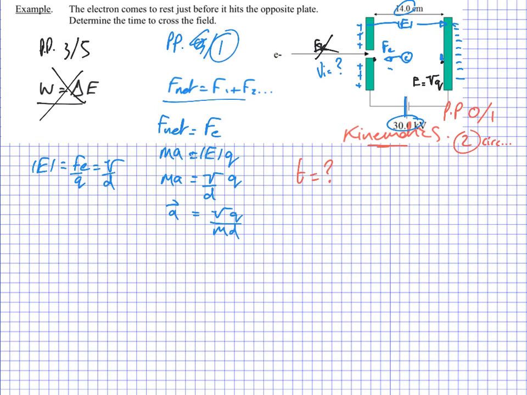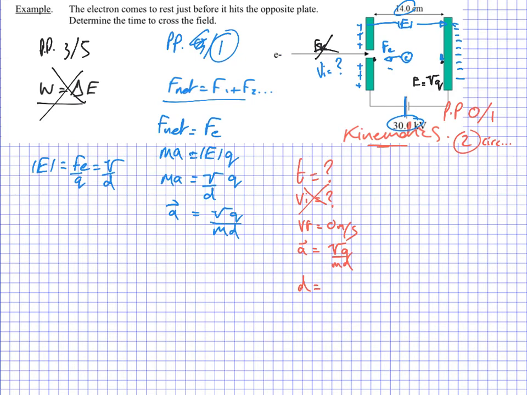I do not know the initial velocity. So that cannot be part of my equation. I do know the final velocity, it's 0, because it comes to rest. I do know the acceleration, because I just worked that out. It's VQ over MD. And I do know the distance that it's going to travel.